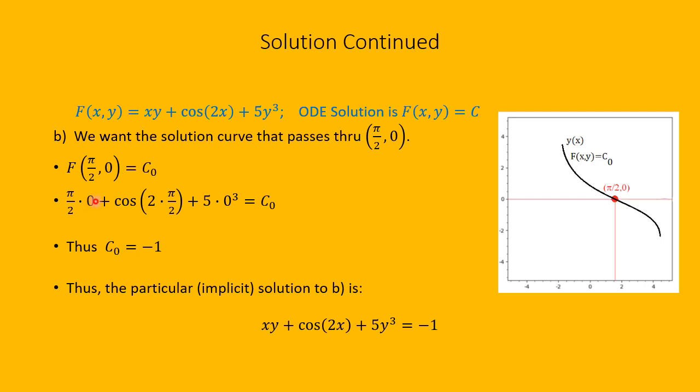So we have 0 minus 1 plus 0 equals c naught, so c naught has to be minus 1. So the particular implicit solution to our problem with that extra condition is x times y plus cosine 2x plus 5y cubed equals minus 1.